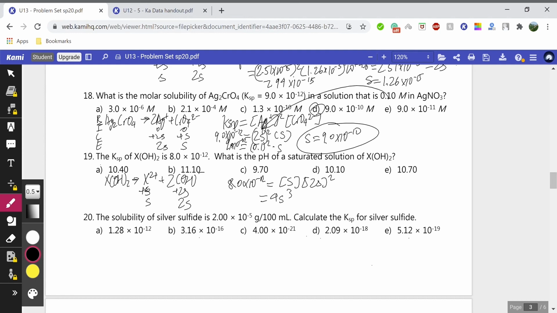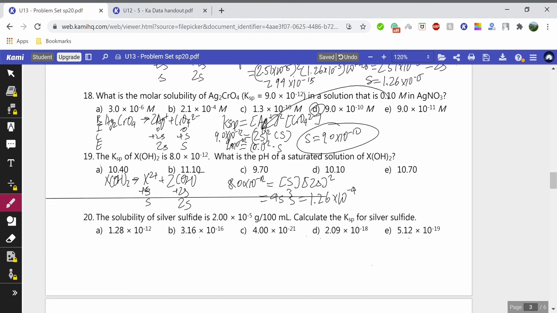Now s will be equal to what? So 8.0 e to the negative 12 divided by 4, and then take the cube root of it, which will be 1.26 times 10 to the negative 4th power. S is equal to 1.26 times 10 to the negative 4th power. Now, we need 2s for the concentration of OH minus, so multiply this by 2.